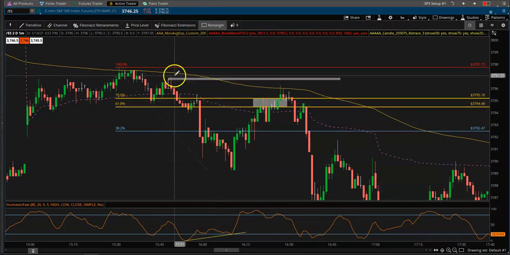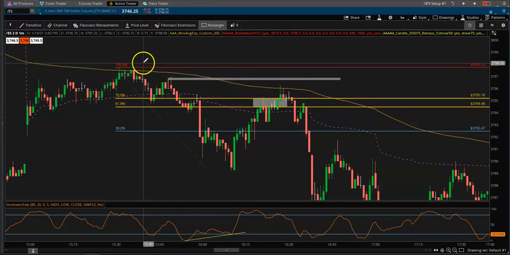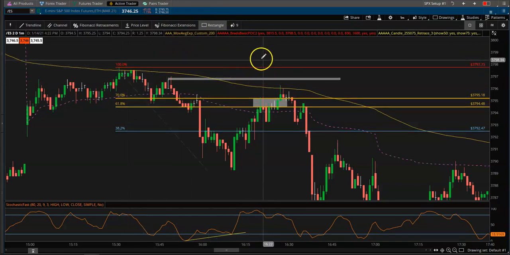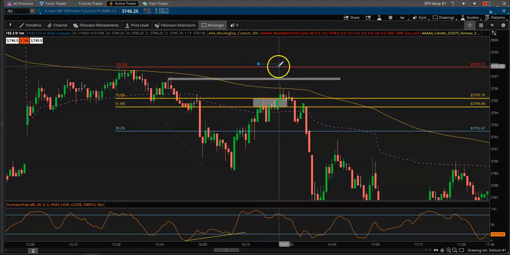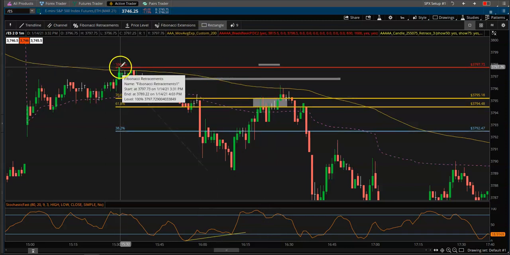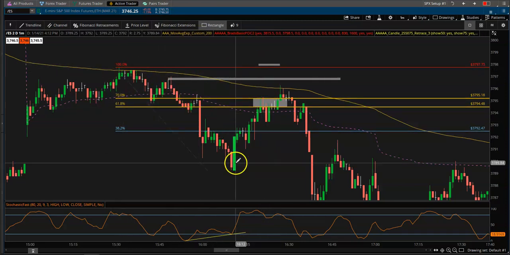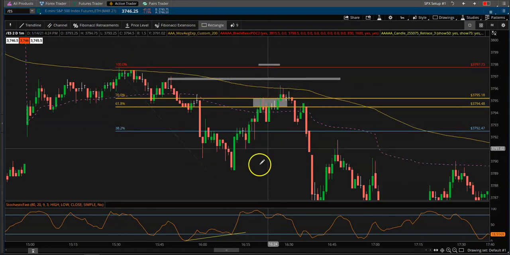Where it might make a double top up there. And then my stop will go at any price above this 100. So my stop would be right above here, right?